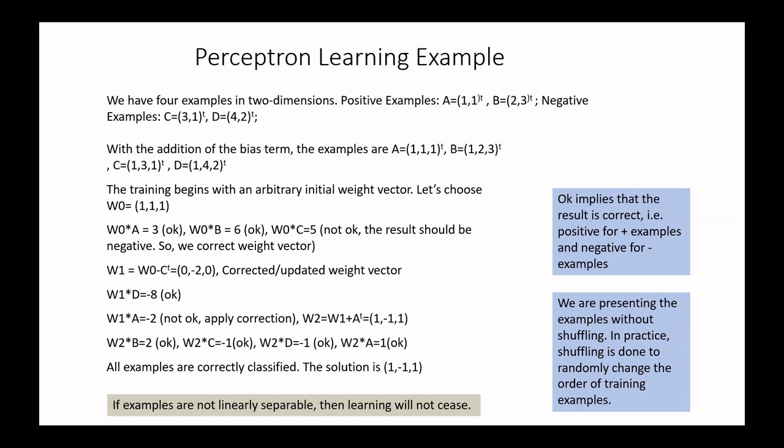It will keep on trying to correct the error, but it will never stop, because there will always be some error since the problem is not a linear problem. All right. So that is the deficiency, you can say, of this method.